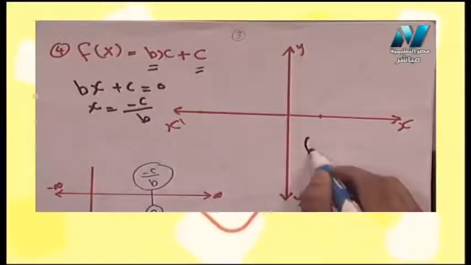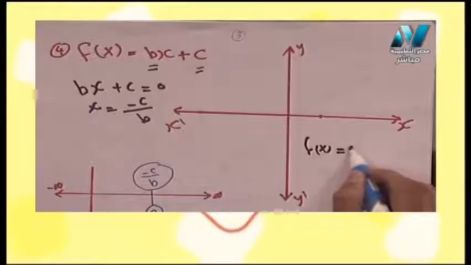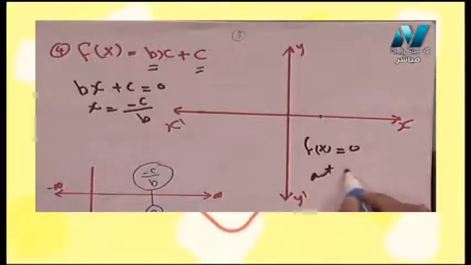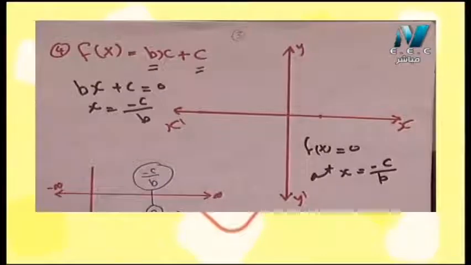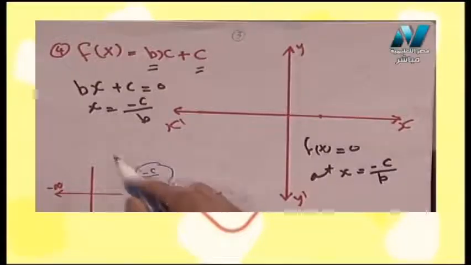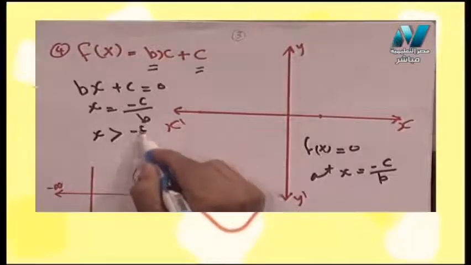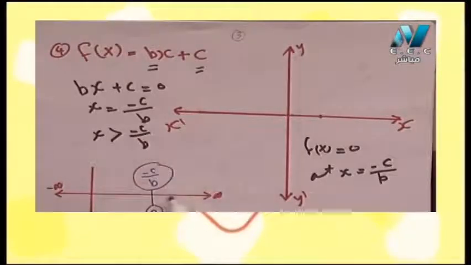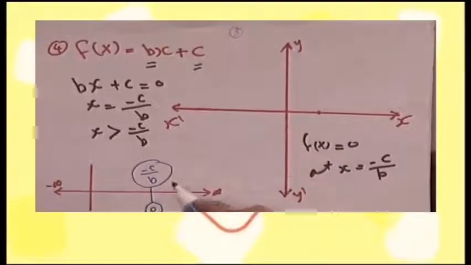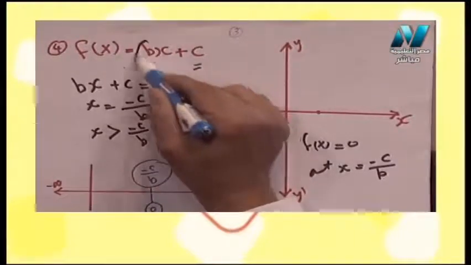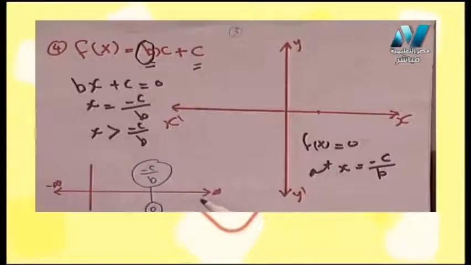So f of x equals 0 at x equals negative c over b. But when x is greater than negative c over b, this part will have the sign of b, the sign of the coefficient of x.